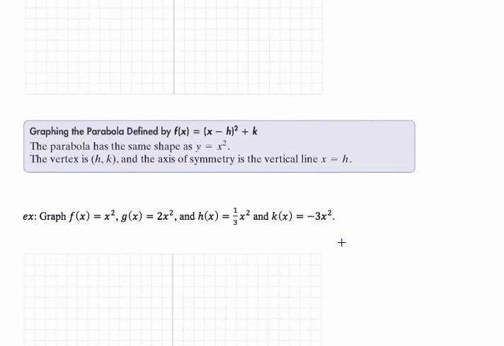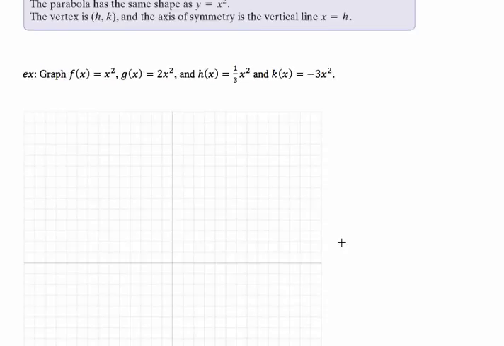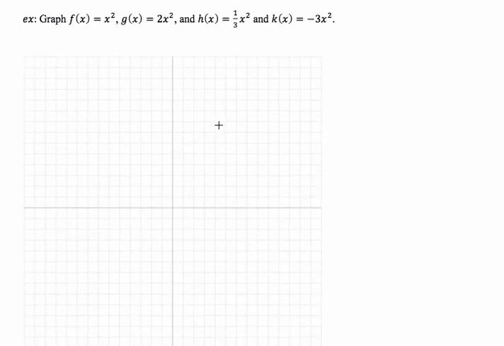Okay, next we're going to add in one more piece to the puzzle, and that is what happens if the x squared has a coefficient other than 1. This one has 2, this one has a coefficient of 1/3, and this one has a coefficient of -3. So we're going to see how all of those coefficients on the x squared affect the graph of y equals x squared.